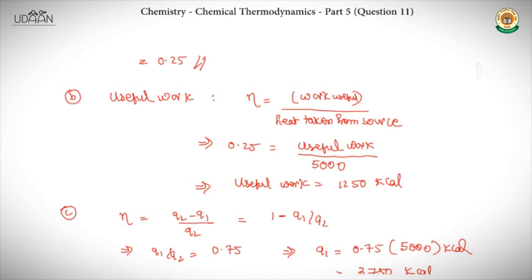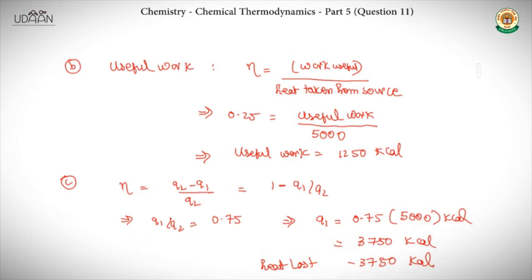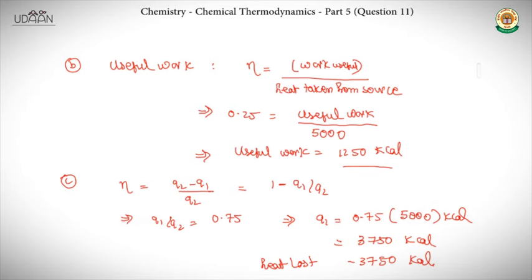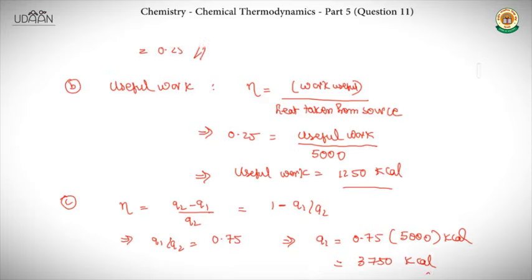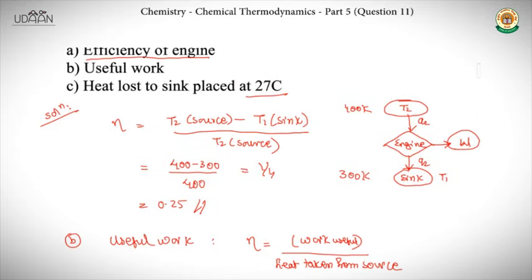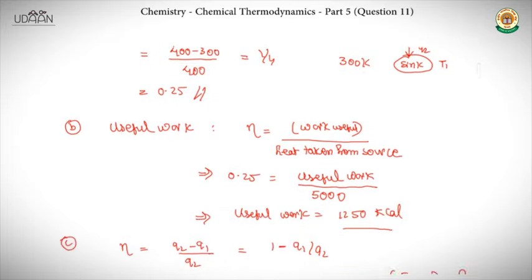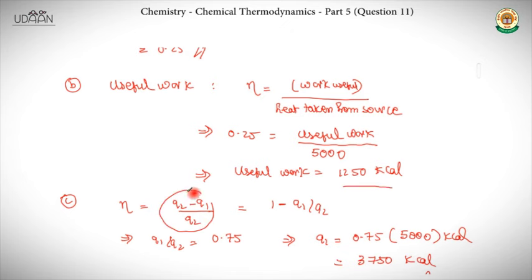Heat absorbed. Now, can you tell me this? After I got the useful work done here, 1250 kilocalories, could I have directly subtracted it from 5000 to find out how much of the heat was lost in part C? You can do it. The reason why I explained this one is to know about this basic form, so we can calculate efficiency from this formula also.